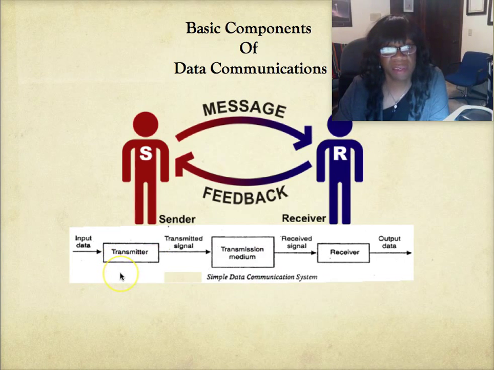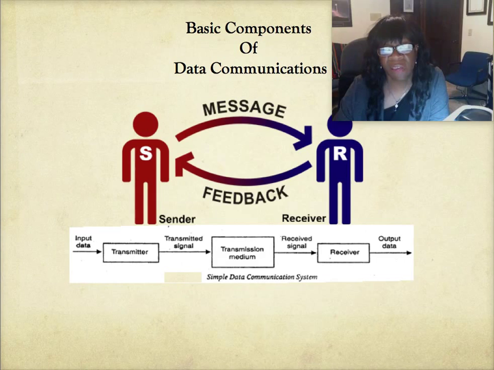As it is in data communications, you basically would still need your input data, and you will eventually need your receiver. The transmitter is to accept information from the source and change the information such that it is compatible with the transmission link.